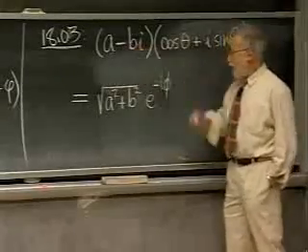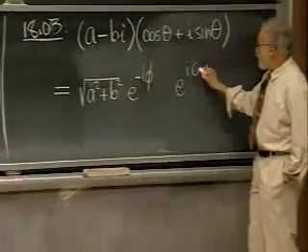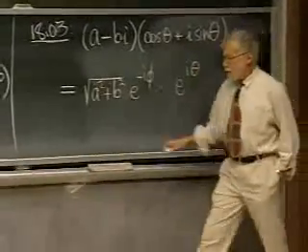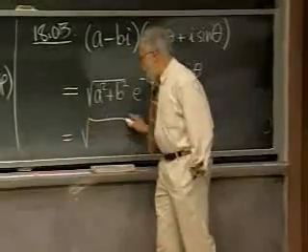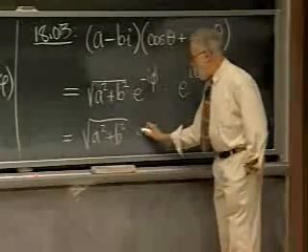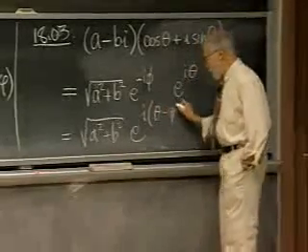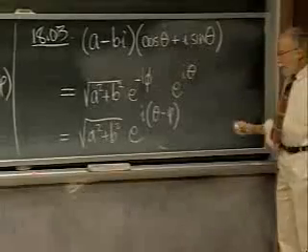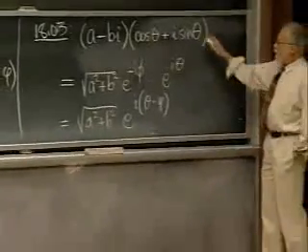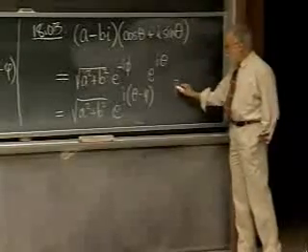That's the first guy. And how about the second guy? Well, the second guy is e to the i theta. So what's the product? It is the square root of a squared plus b squared, times e to the i times (theta minus phi). And now, what do I want? The real part of this, and the real part of this.